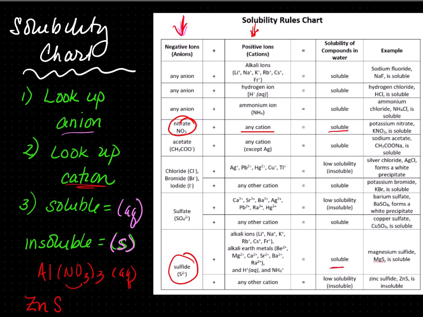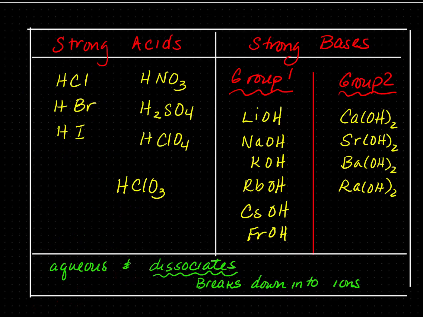Since zinc is not on the top row, we go to the bottom row, which says any other cation, low solubility or insoluble. So zinc sulfide gets an S. Remember, from our symbols, S means there's a solid. That's why it's insoluble.